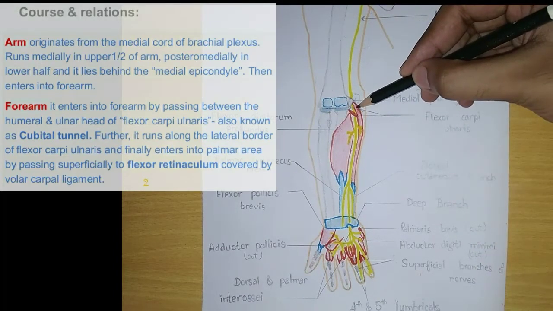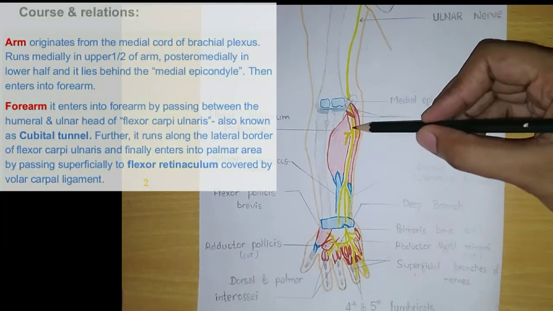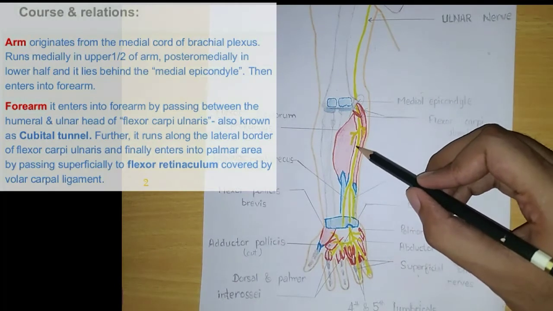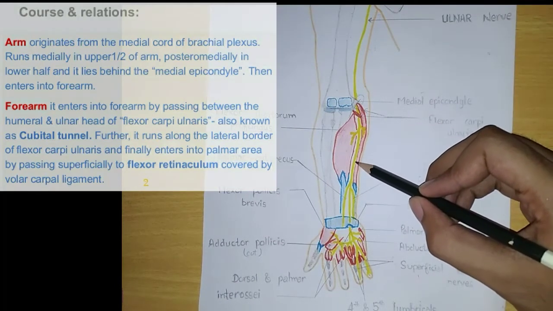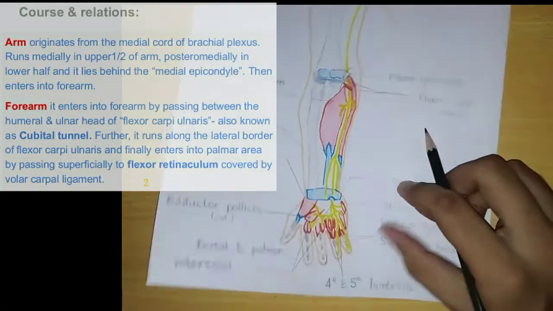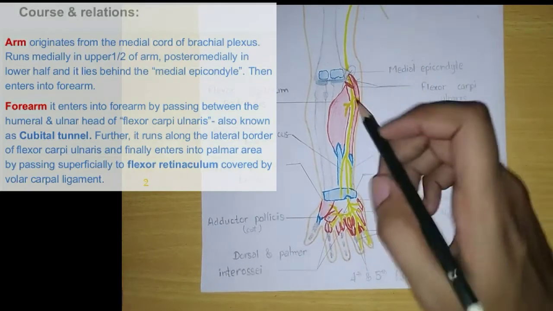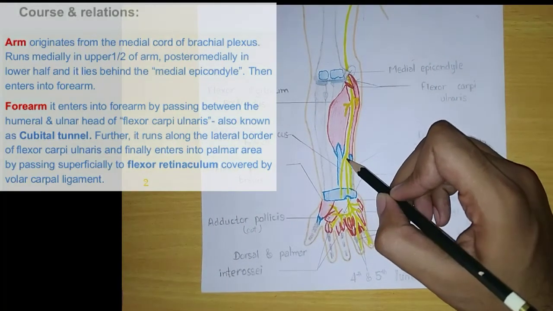That one is humeral head and that one is ulnar head. And in the forearm it runs along the lateral margins of flexor carpi ulnaris, and almost in the mid forearm it gives two cutaneous branches.